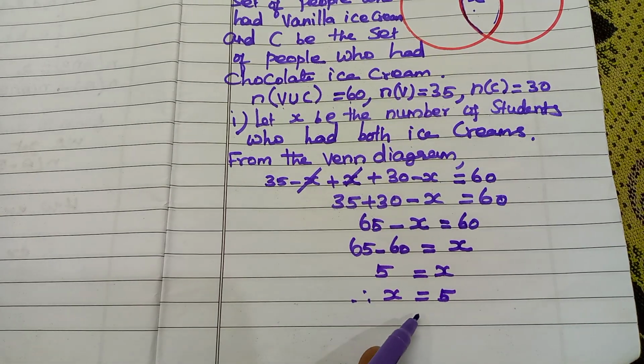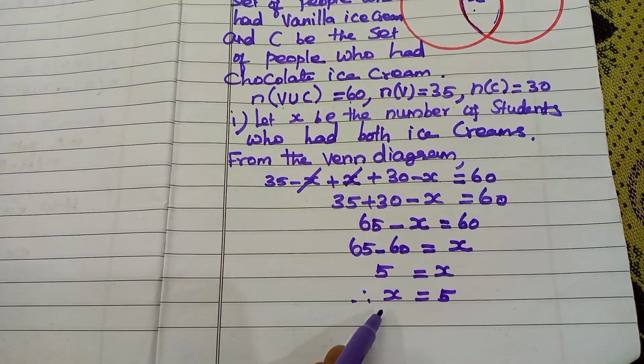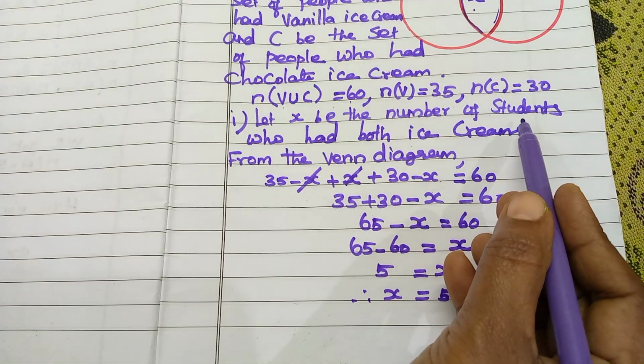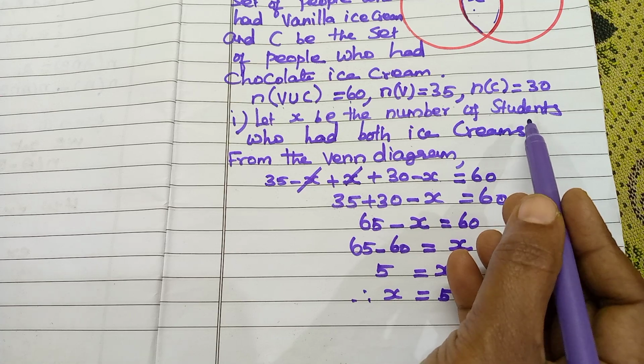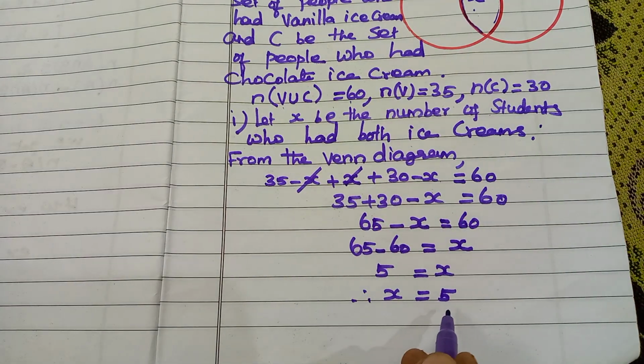What is this X? X be the number of students who had both ice creams. Here you have to write number of students, or number of people can write. Number of people who had both ice creams equal to 5.